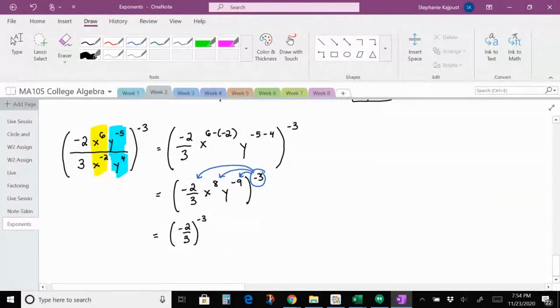And I'm making sure my -2/3 is in parentheses, so I have that -3. And then I've got x to the 8 in parentheses with the -3 exponent. And then y to the -9 to that -3 exponent.